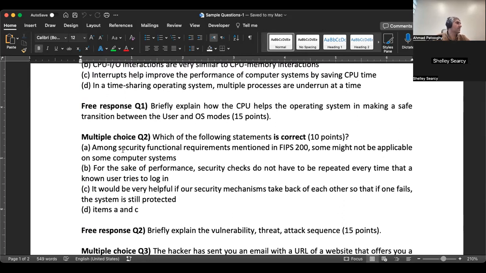This seems to be correct because we mentioned a number of security requirements, functional requirements, like, for example, access control, which might not be applicable in some systems. Or, for example, incident response plans.